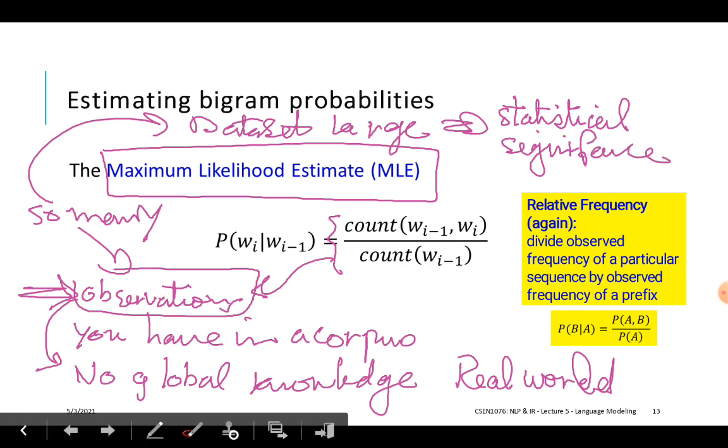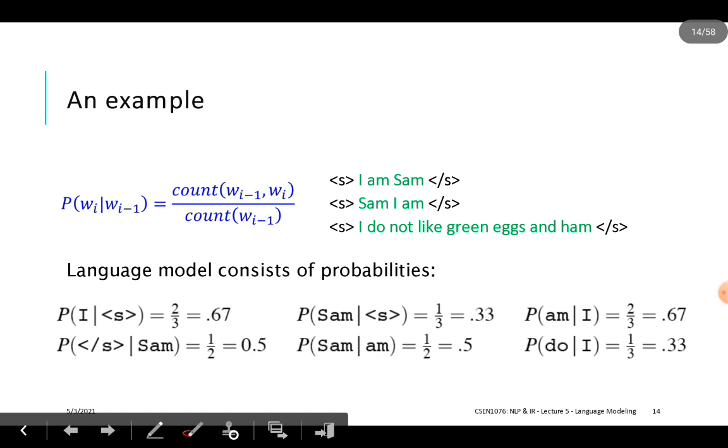Okay. So, in order to compute the probability of the word I here in that corpus, for example, given the start of a sentence, you only need to count the start of a sentence, which is going to be 3, and then you count how many times the word I appears after a start of a sentence.